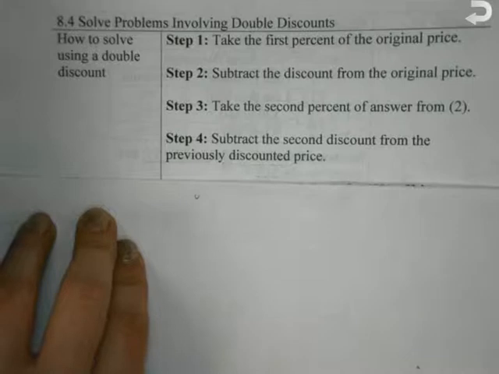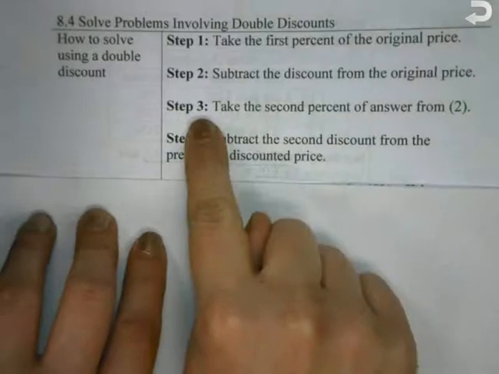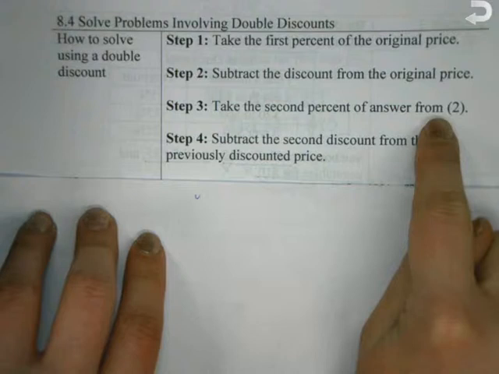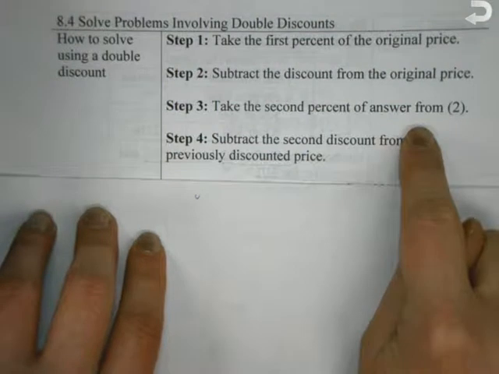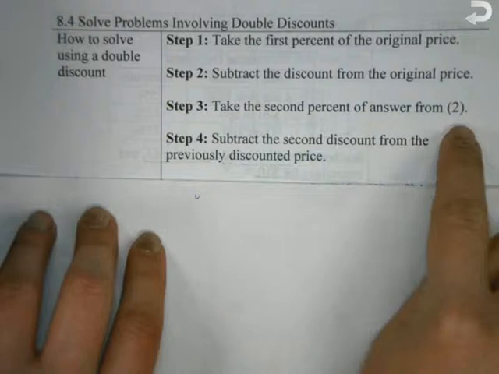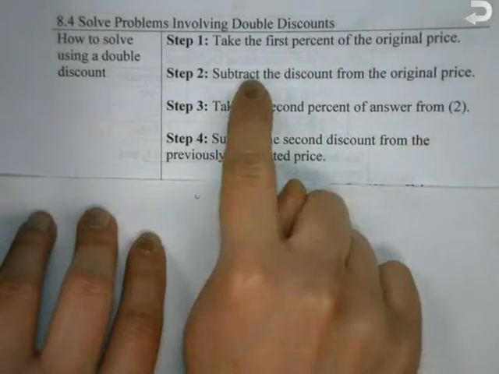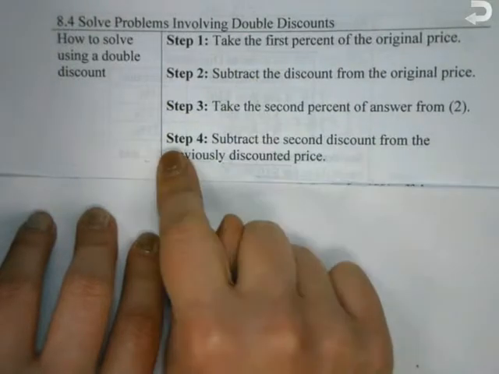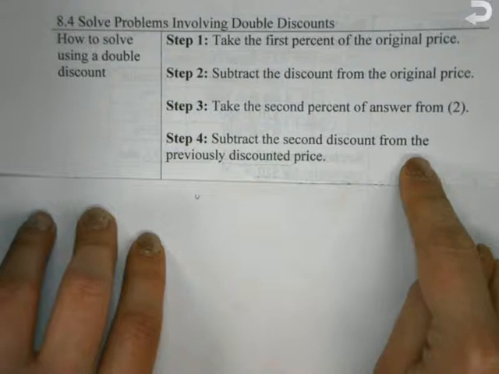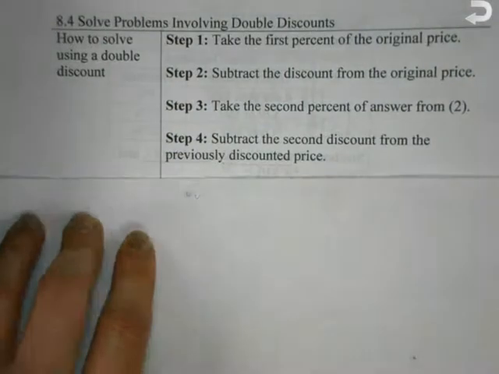Then we're going to be given a second discount. So for step 3, we take the second percent of our answer from number 2. So we take a percentage of the answer we got in number 2. And then step 4, we subtract the second discount from the previously discounted price. So we're going to be doing the same thing twice.